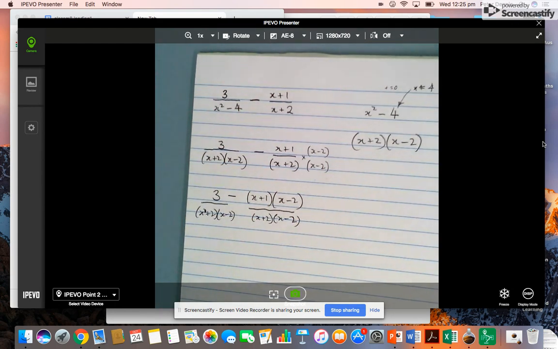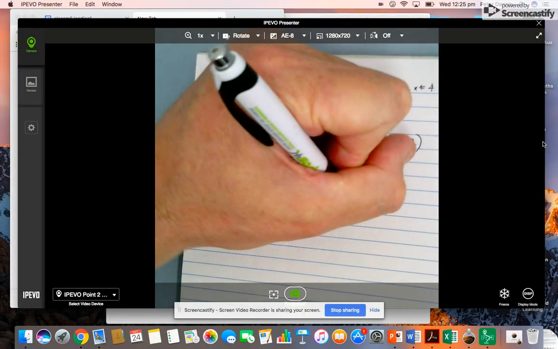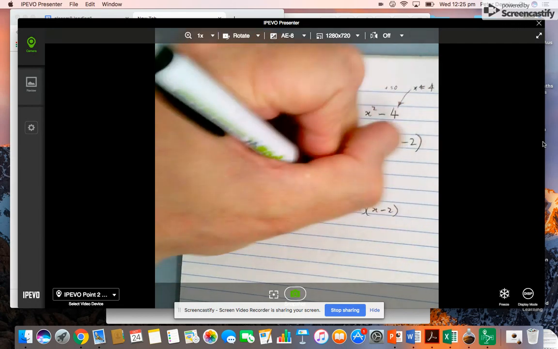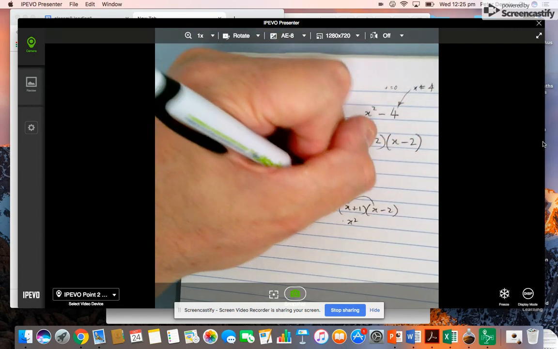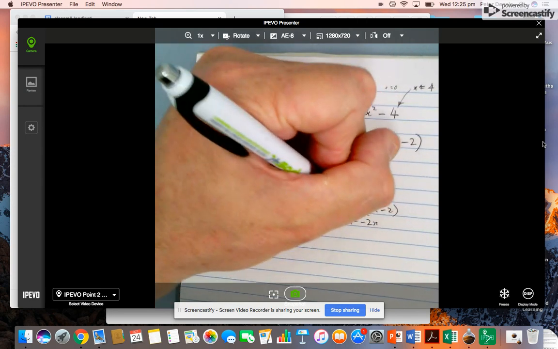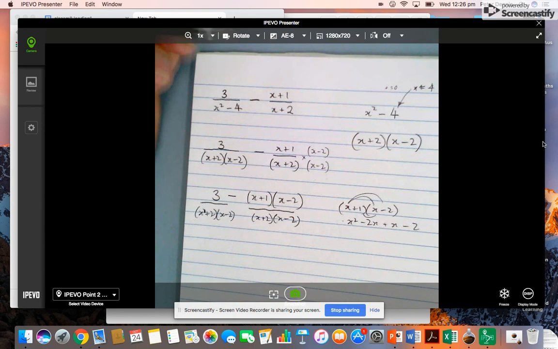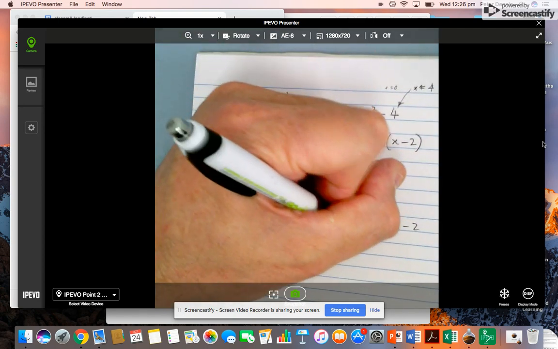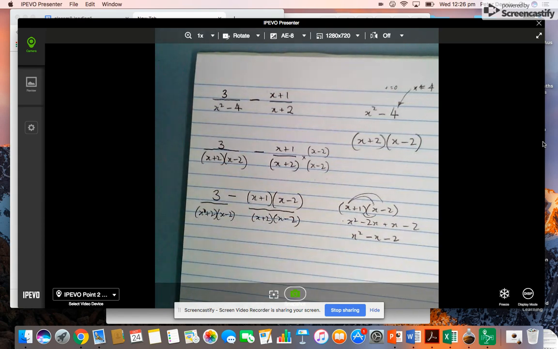Okay. Now, if we expand this bracket, this x plus 1 times x minus 2, what we're going to get is x plus 1 multiplied by x minus 2. We're going to get the x squared minus 2x plus x minus 2, or x squared minus x minus 2, which looks pretty nice.